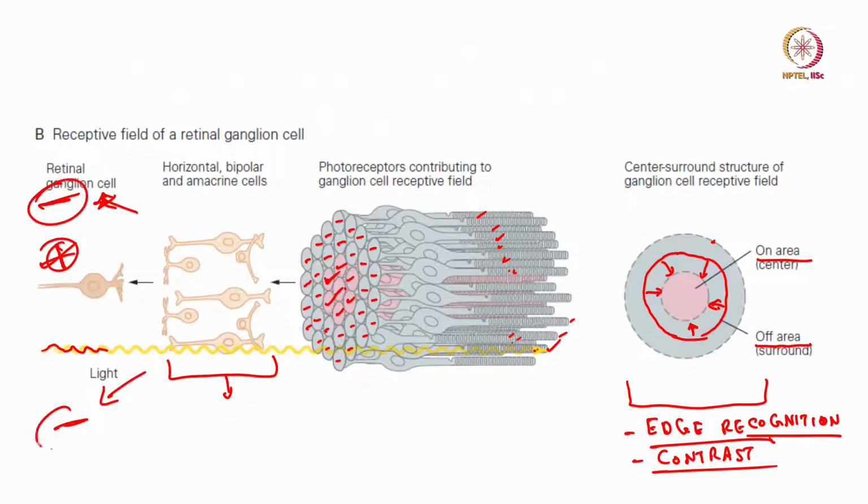So, that is the idea, and the other method is that these cells which are in the periphery are inhibited, whereas the center is stimulated. So, that is an important concept which is present within the first level of retinal signal processing.